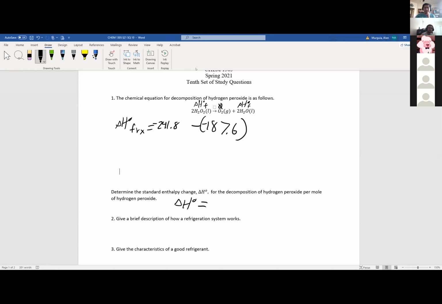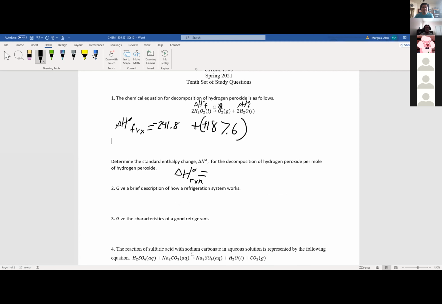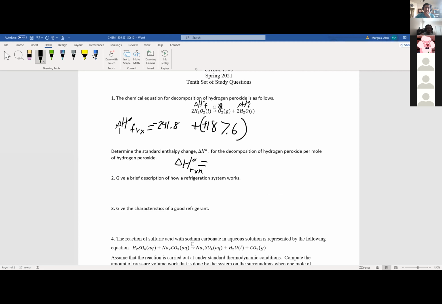So obviously with a double negative, they cancel each other out. So you're adding up this negative plus this positive. And what will we get in the end as our enthalpy change of formation for our reaction? We have negative 241.8 plus positive 187.6.